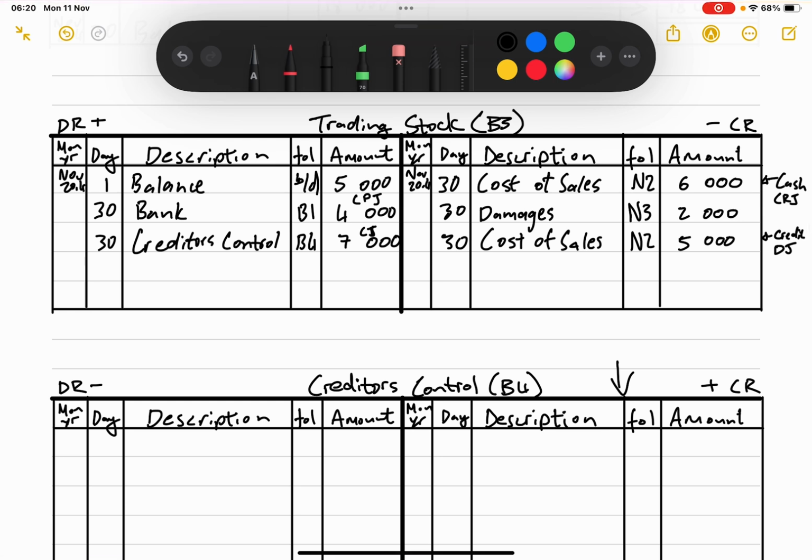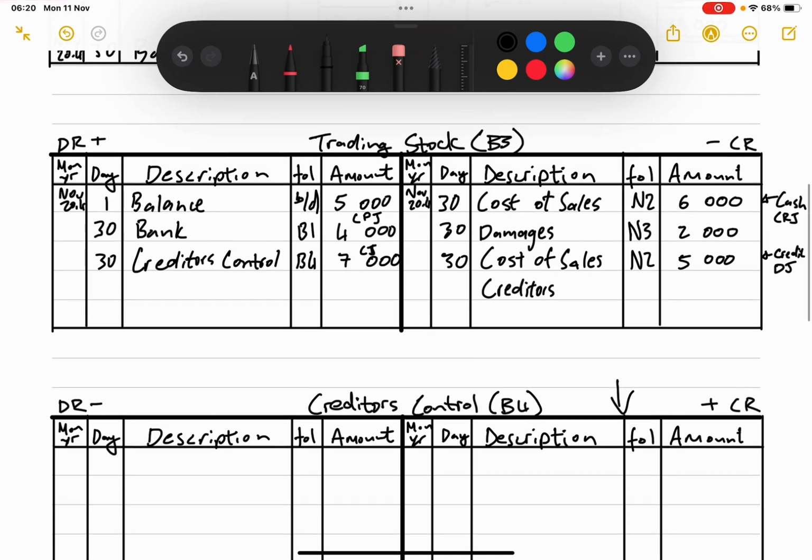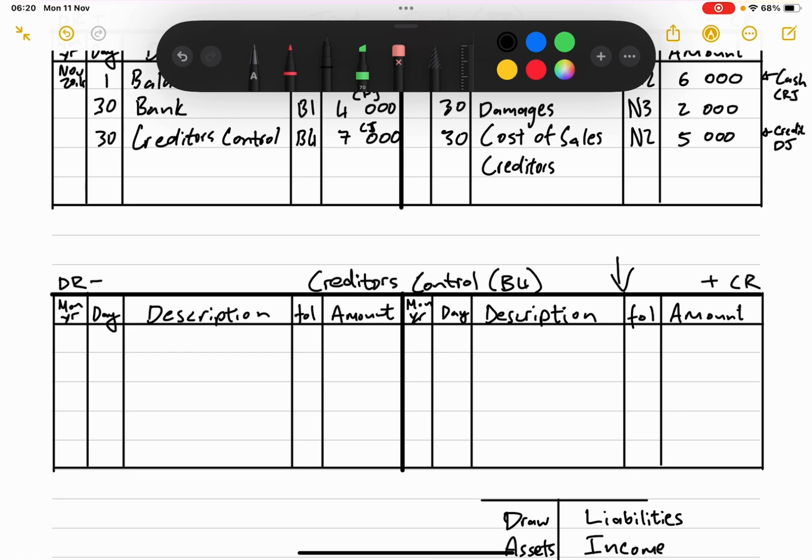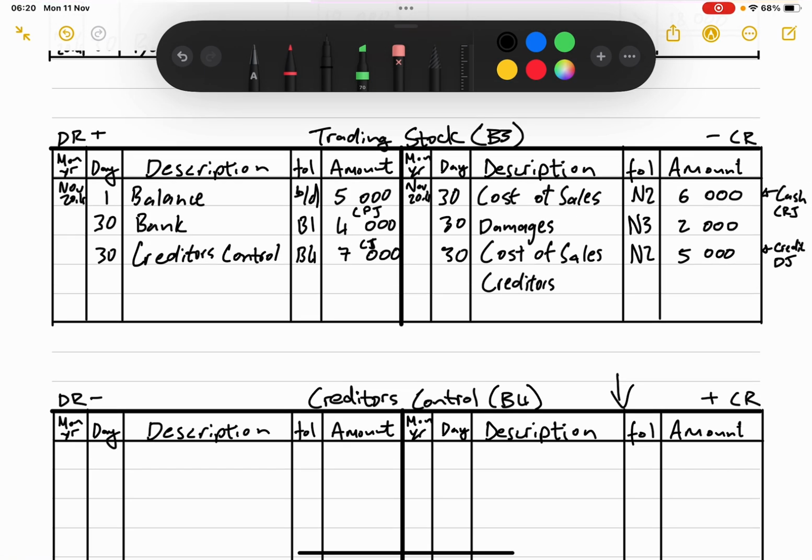And so over here, you'll have returns. And if it's creditors control, you'll have creditors allowance. No, sorry, it won't be creditors allowance. When you record that return, what decreases is your creditors control, and what decreases is your trading stock.